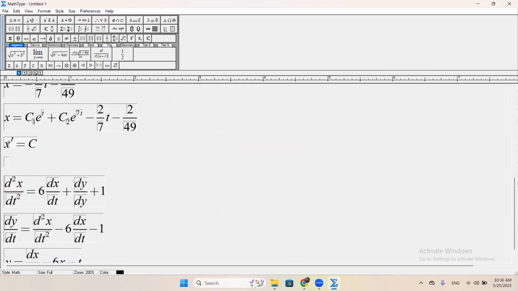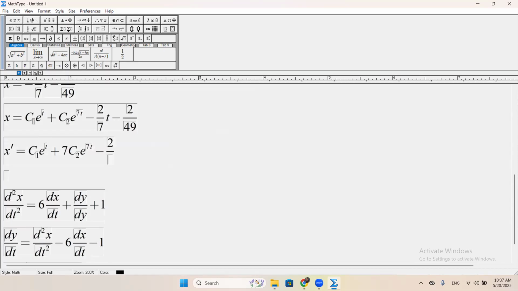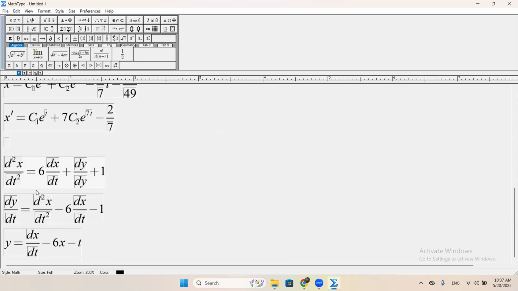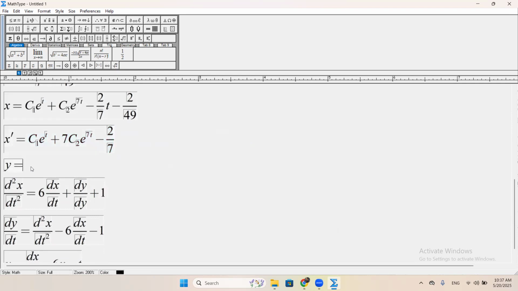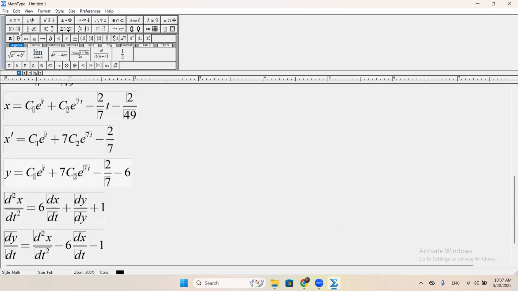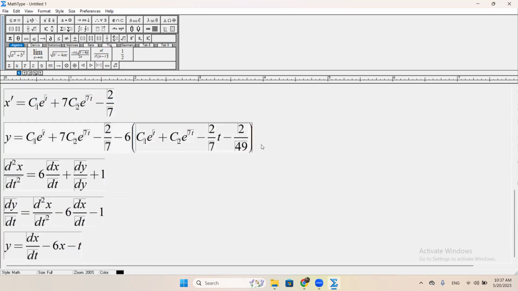It equals c1 e in power of t plus 7c2 e in power of 7t minus 2 over 7. So y will be equal this expression minus 6x and minus t.